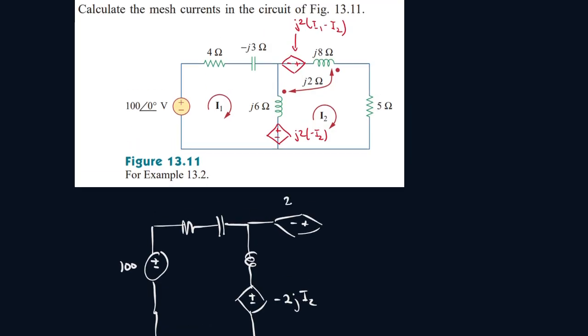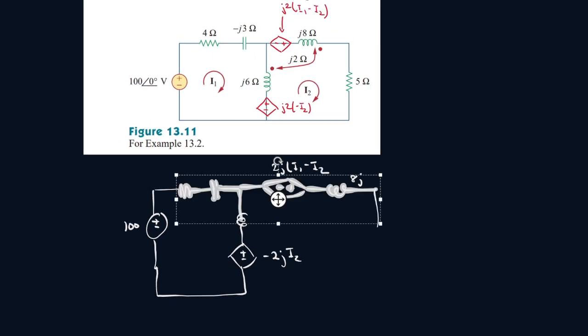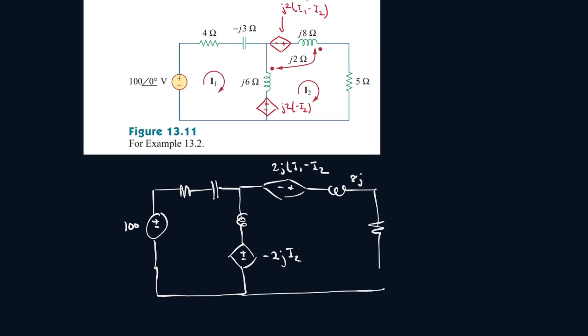And then 2j (I1 minus I2). Okay, and we can just do a mesh analysis to solve for I1 and I2.